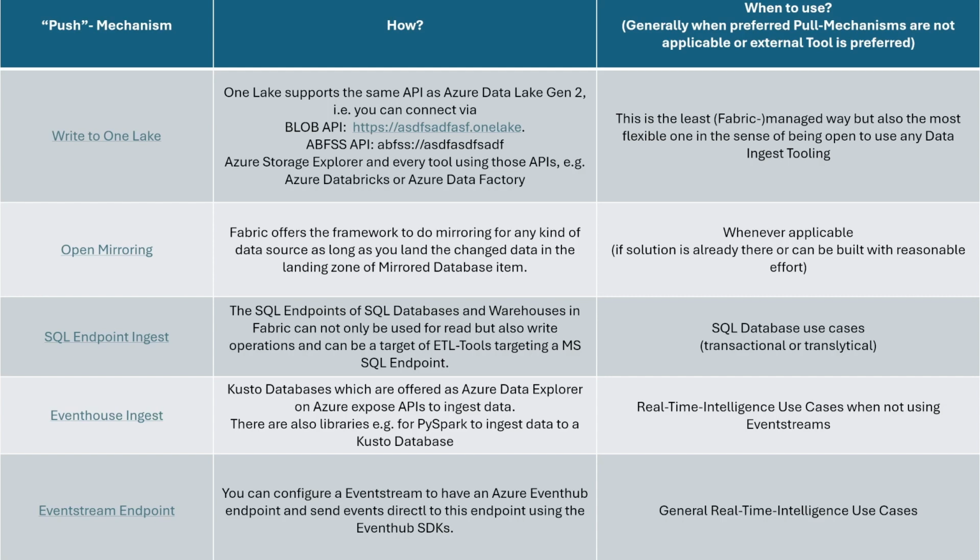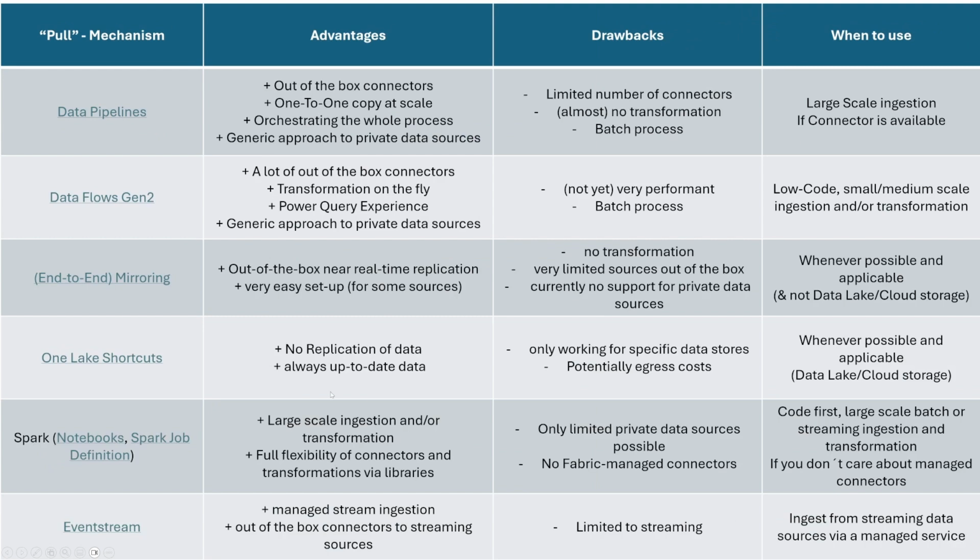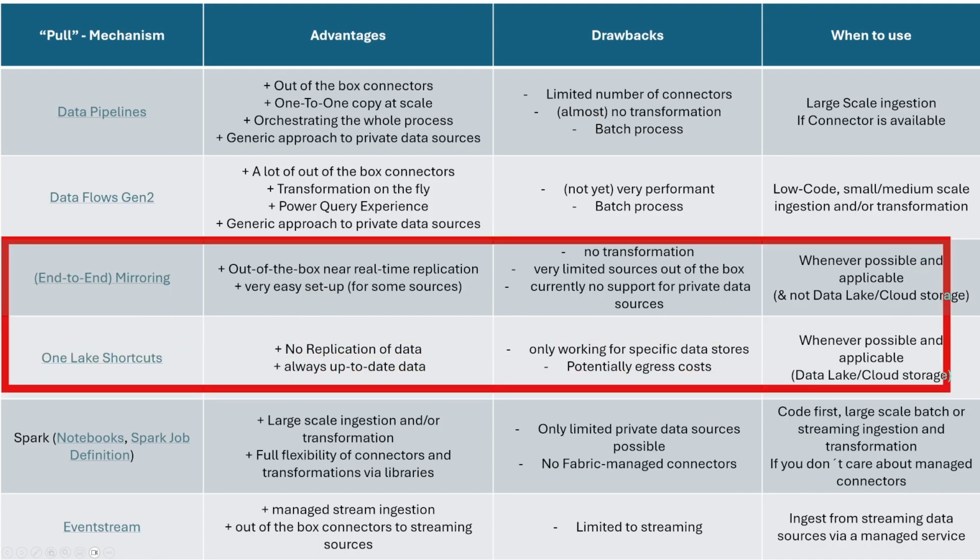Before we jump to the history, just one comment. I told you a lot of mechanisms, so what are my personal favorites? For pull mechanisms, I would really look closer at these two mechanisms here.